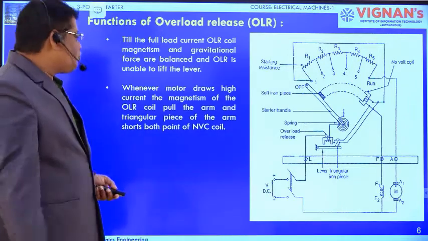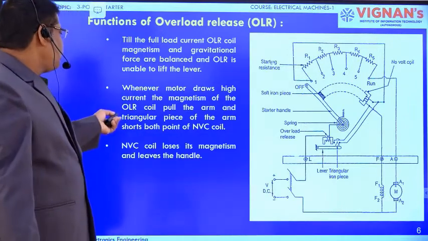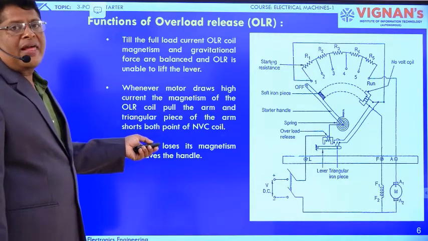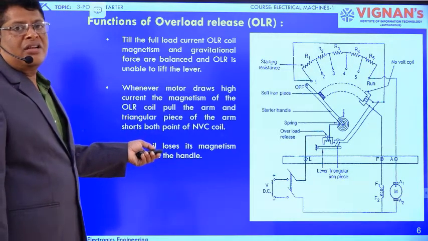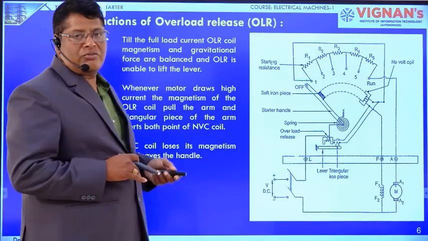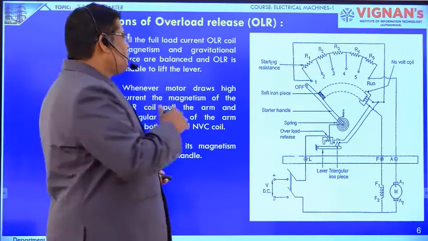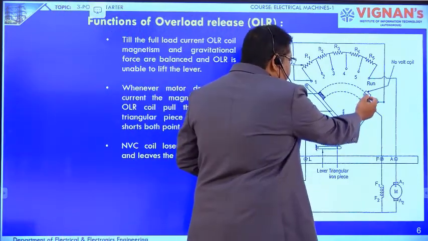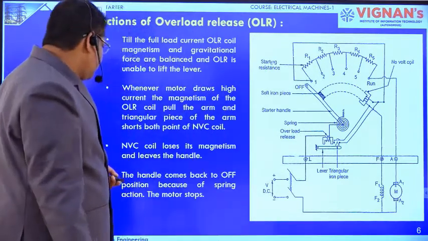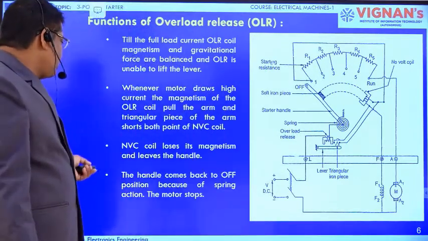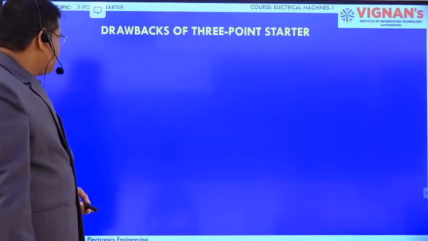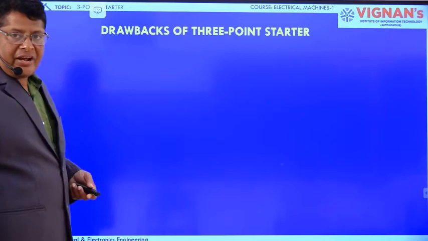Once the NVC coil is short circuited, it loses its magnetism and leaves the handle. Because the handle is experiencing some force of the spring, once there is no field coming from here, the handle comes back to the off position because of the spring action, and then the motor stops. This is the function of an OLR.